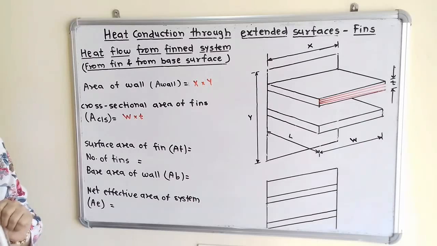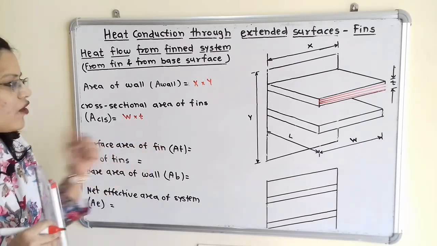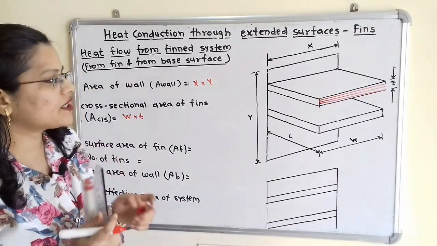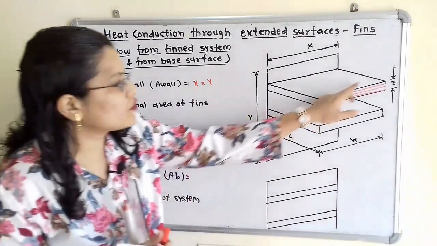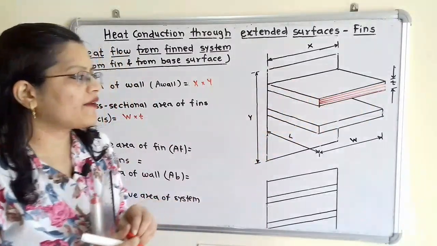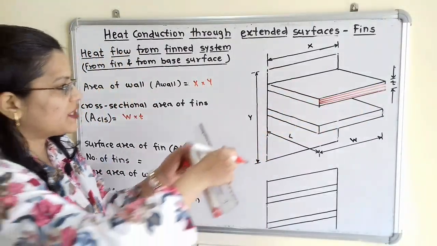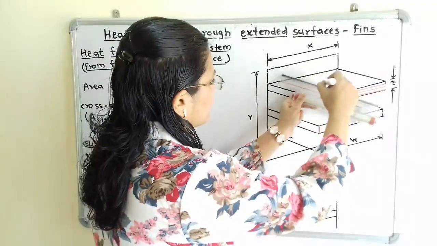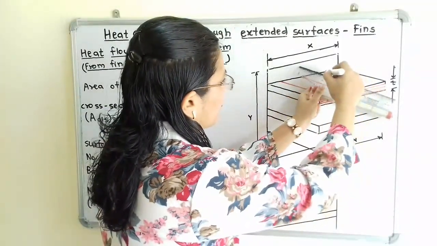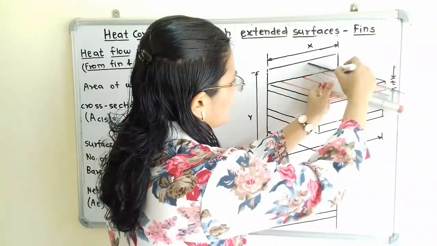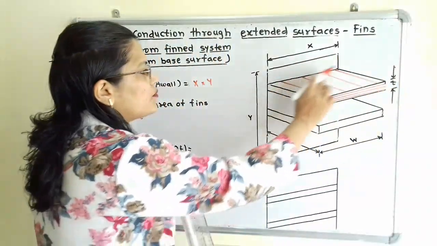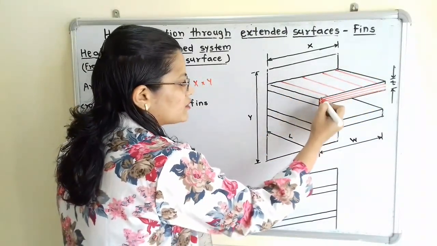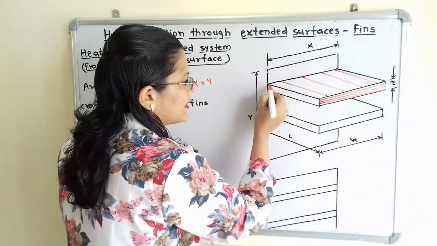Then we will move to the next, surface area of fin. Now we have to measure the surface area. So what is the surface area? This is the cross sectional area, and now I will highlight the surface area of fin with the help of a red marker. How to measure the surface area? This surface area is the combination of this width and length.